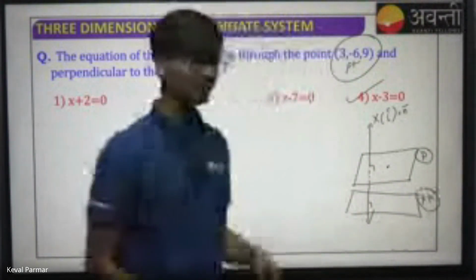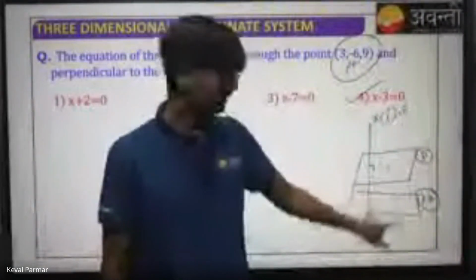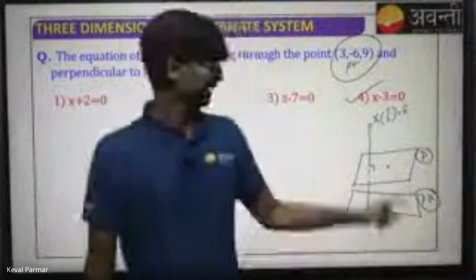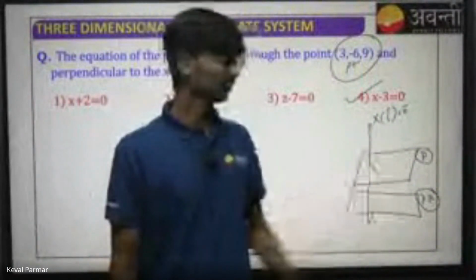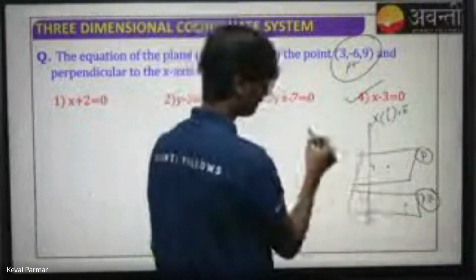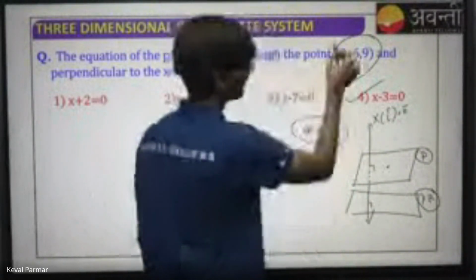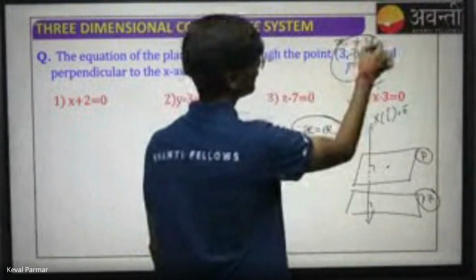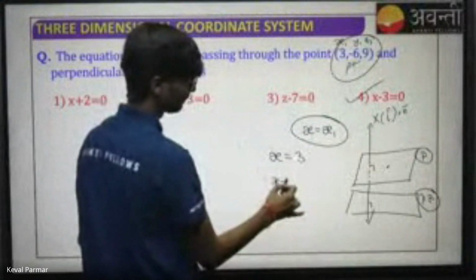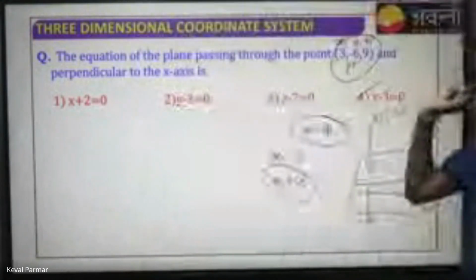So my required plane is parallel to the yz plane. And I know that if my plane is parallel to the yz plane, its equation is x equals x1. Now this is (x1, y1, z1). So x equals 3, or x minus 3 equals 0, which is option number 4.